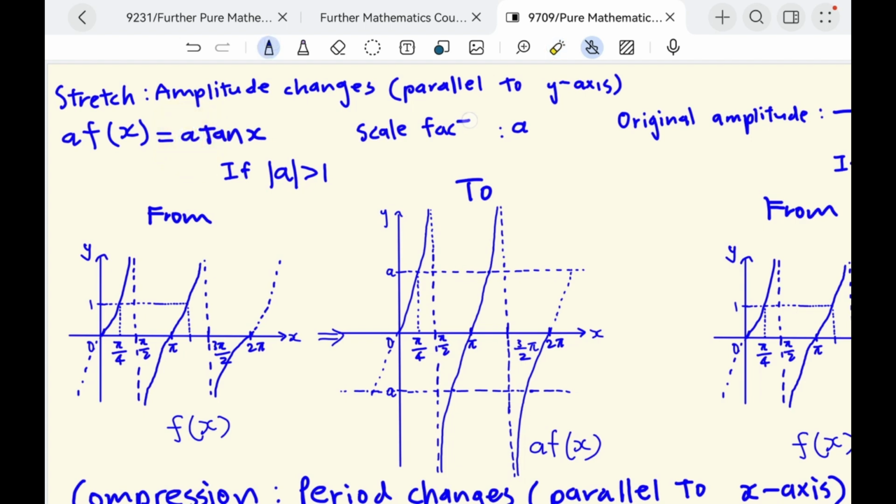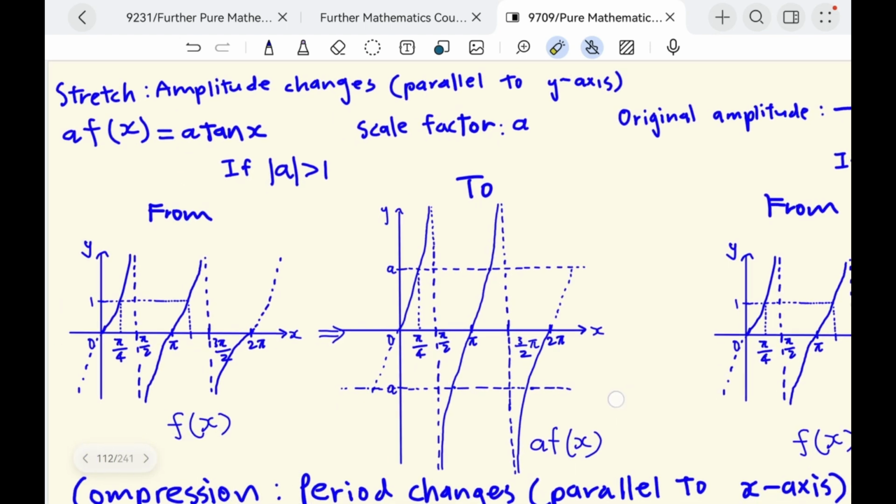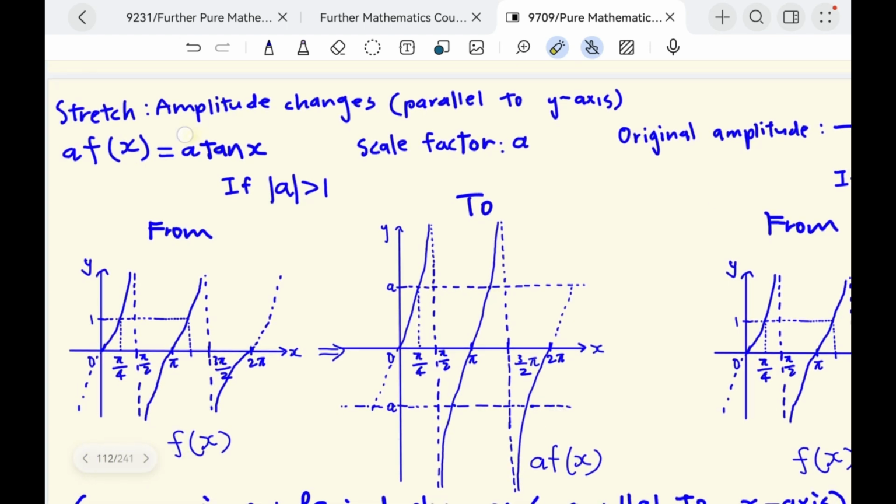Sorry about it. I think something is wrong with this note, but you need to write it by yourself, okay? For your understanding, when a is multiplied beside the entire tangent function, okay?